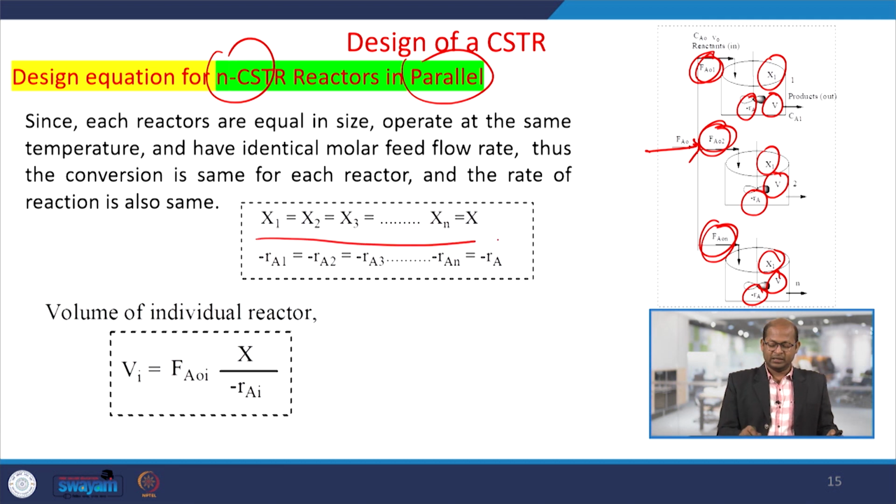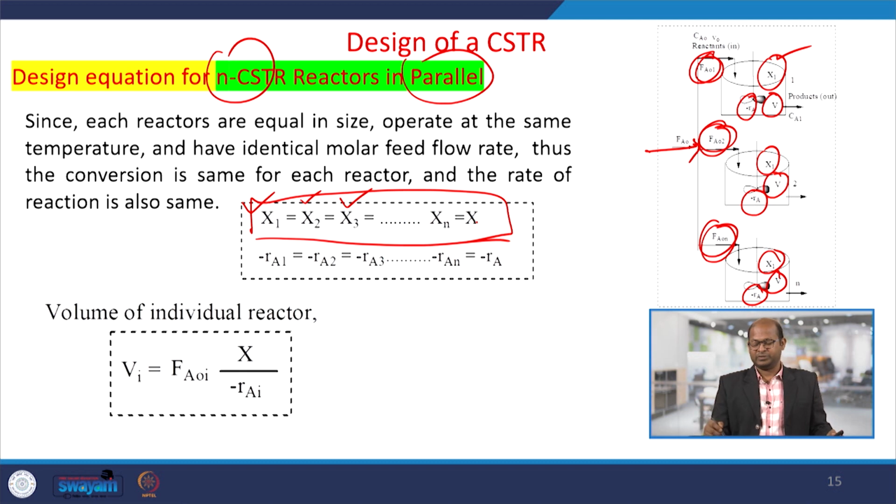As per this model, reactor 1, reactor 2, and reactor 3 all have the same volumetric flow rate and molar flow rate of reactant entering the reactor. Therefore, the rate would also be the same.